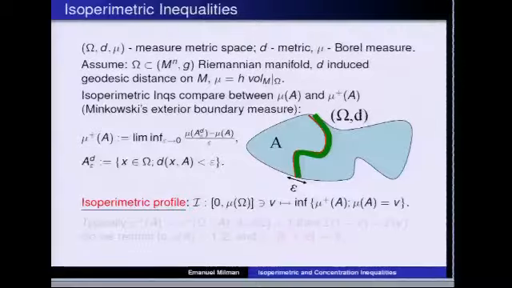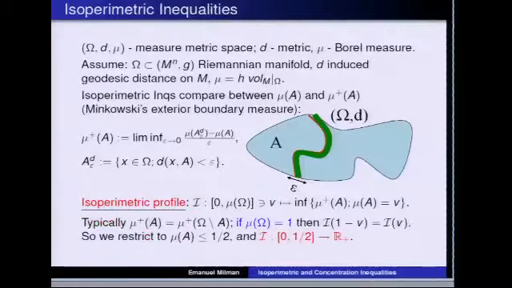But before going to the example, let me remark already at this point that under very mild assumptions, which will always be the case for us, and for a generic set A, the boundary measure of the set will be equal to the boundary measure of the complement of the set. Of course, the set and the complement share the same topological boundary in the interior, but this doesn't necessarily mean that they have the same boundary measure, because remember, we're taking limits from the exterior side, and the exterior side, when we switch from A to the complement, may be different.